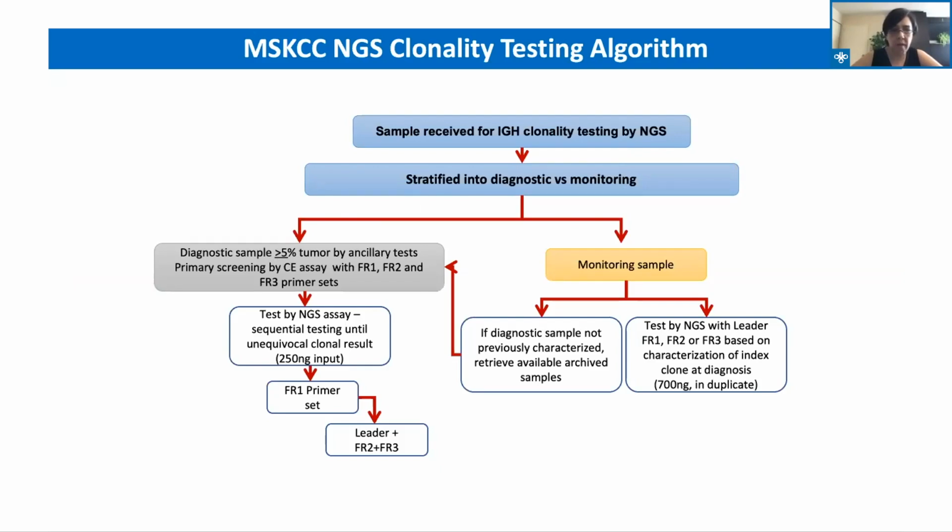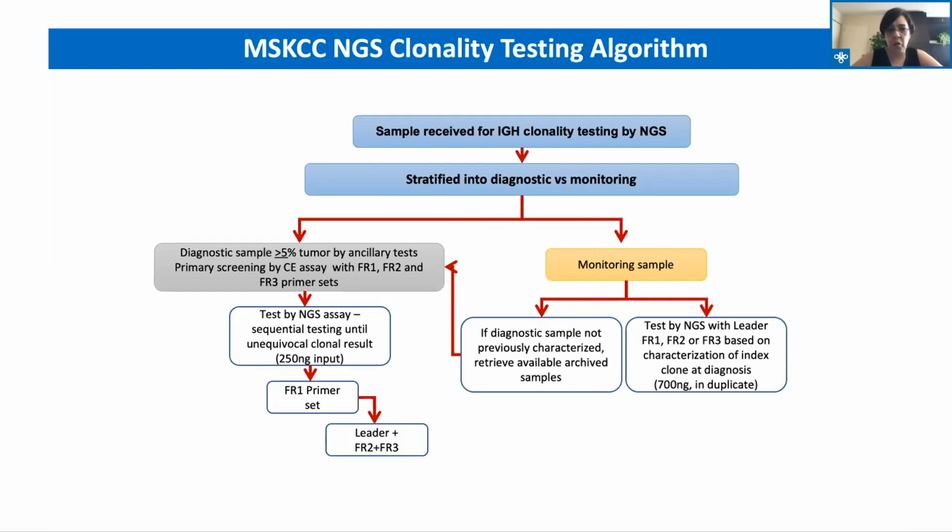So we do FR1 and leader first, and then we do FR2 and FR3 primers. If we get a monitoring sample without a diagnostic sample that has sufficient disease, then this is the type of patient that we wouldn't be able to monitor.